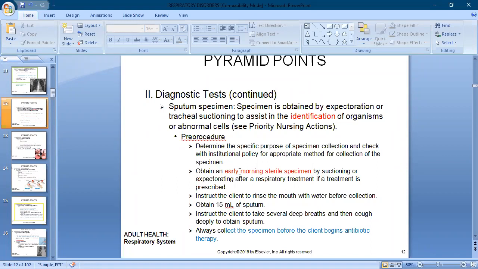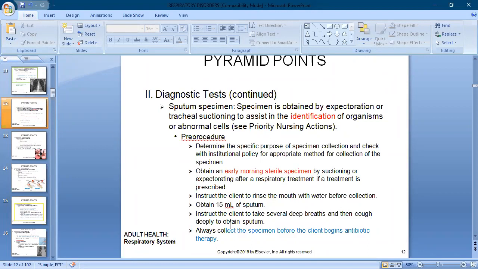Obtain an early morning sterile specimen by suctioning or expectorating after a respiratory treatment, if the treatment is prescribed. Early morning, sterile specimen, very important. So instruct the client to rinse the mouth with water before collecting the specimen.